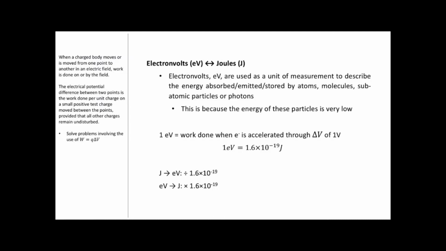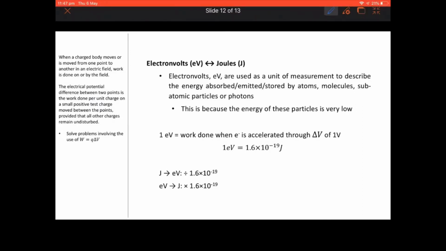Electron volts are used as a unit of measurement to describe the energy absorbed, emitted or stored by atoms, molecules or subatomic particles or photons, and this is because the energy of these particles is very low, so it doesn't make that much sense to use joules for these particles, but every now and then you have to convert between the two. 1 electron volt is equivalent to the work done when an electron is accelerated through a potential difference of 1 volt. So 1 electron volt is equal to 1.6 by 10 to the negative 19 joules.